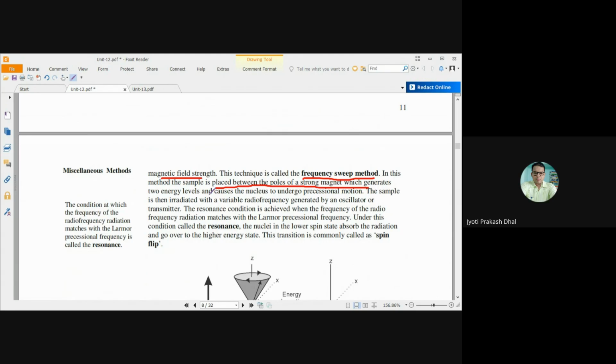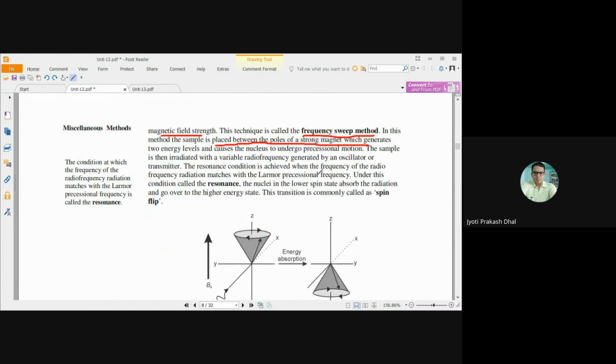In this method, the sample is placed between the poles of a strong magnet, which generates two energy levels and causes the nucleus to undergo precessional motion. The sample is irradiated with variable radio frequency generated by an oscillator and transmitter. The resonance condition is achieved when the frequency of the radio frequency radiation matches the Larmor frequency.